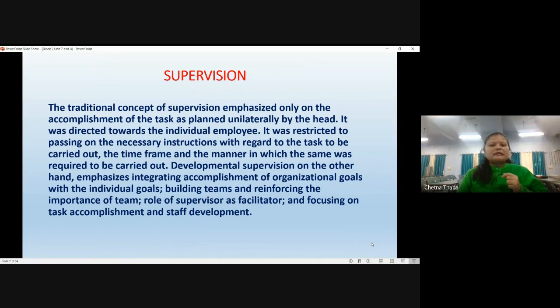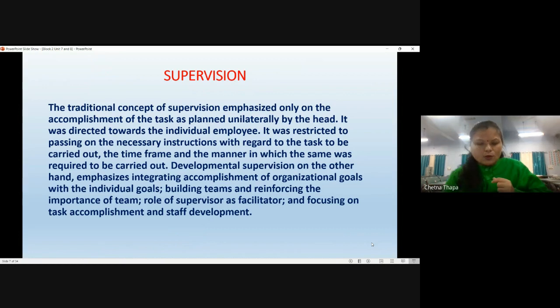So, when we talk about developmental supervision, we focus on the development not only of the school, the institution itself, but also on the development of the individual, the staff member who is working in your institution. In developmental supervision, you focus on integrating the organizational goals with the staff members' individual goals.